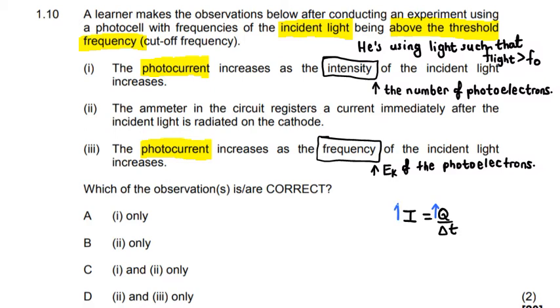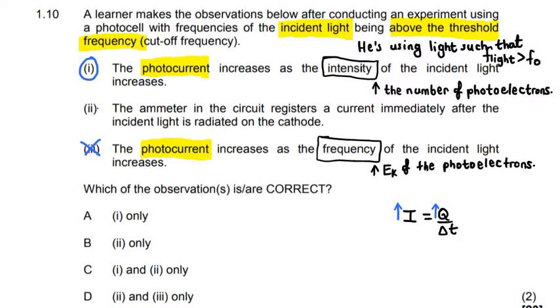Which one of these statements increases the number of electrons? Well, this statement over here. So this statement is the one that's incorrect. What it's trying to say is that if you increase the frequency, the photocurrent will increase. That's not necessarily the case, because increasing the frequency does not necessarily increase the number of electrons that you're going to emit.